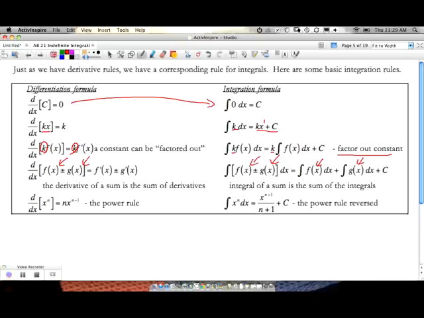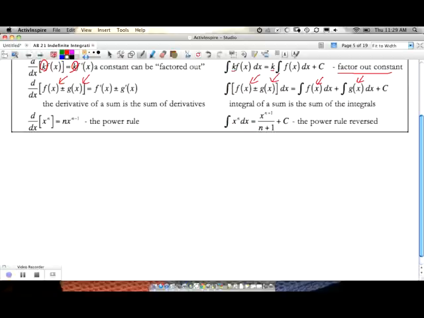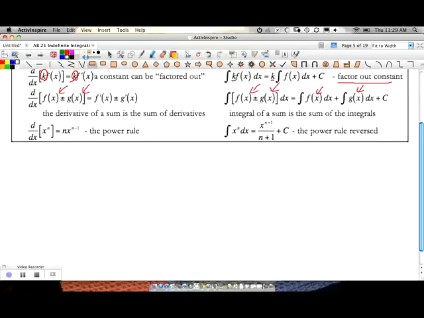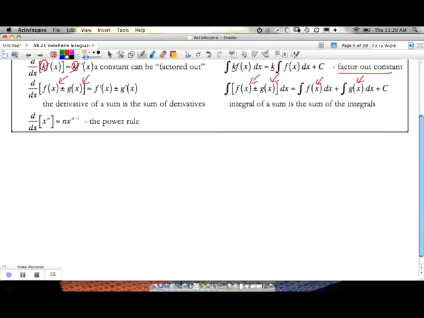This last one, I'm going to cover up this piece here for a second. What do we do when we take the derivative of something to a power n? Well, if we have x to the n, the first thing we're going to do is drop the n, drop the power, and multiply.